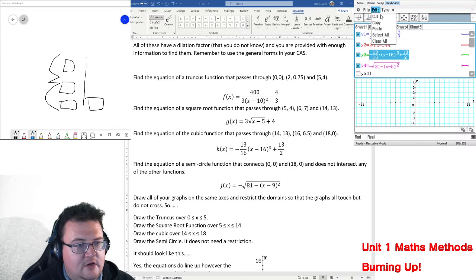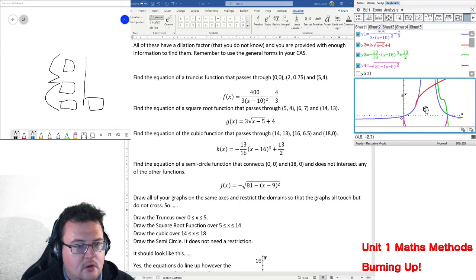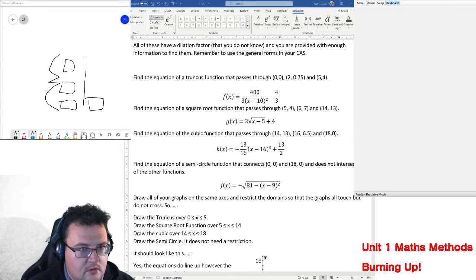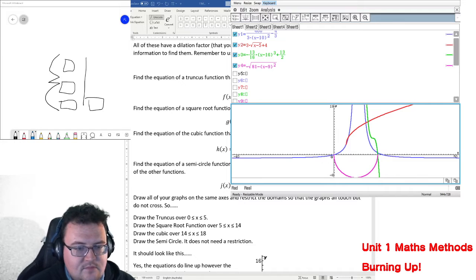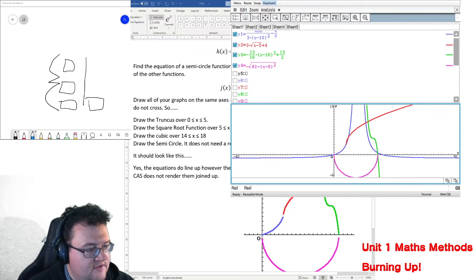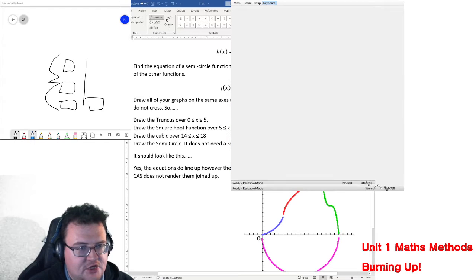So if I go through, I'm going to zoom out a little bit. And as you can see there, you can see all the different graphs overlapping. And if you look down on here, you will see that I have done an example of what that should look like.